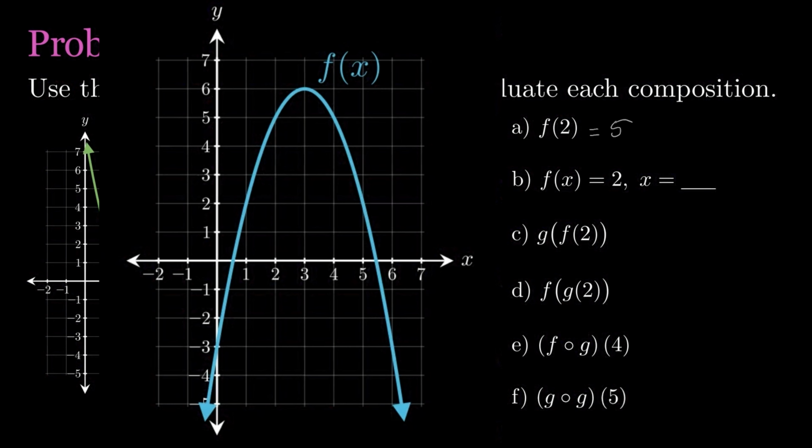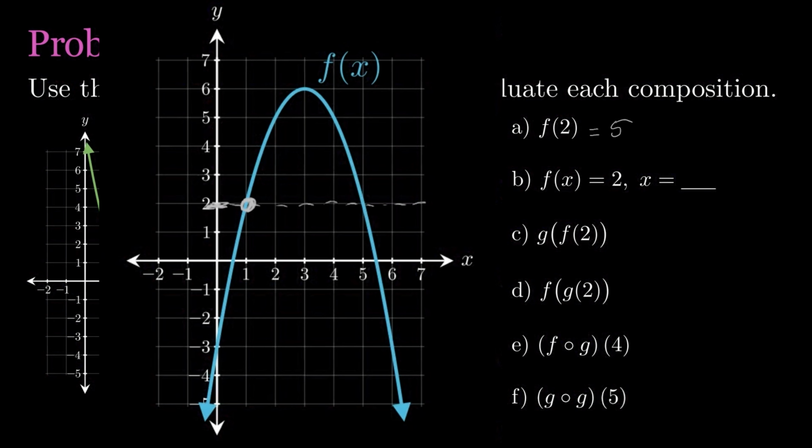In part B, we're still asked about the function f, but this time we are given the information that f of x is equal to 2, so the value of the function is equal to 2. We are to identify the input or inputs, if any, of course, that yield that function value of 2. So if the y-coordinate of 2 is here, we're pretty much looking at this line and searching where it intersects the graph of our function.